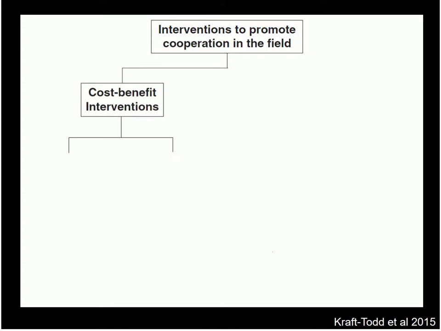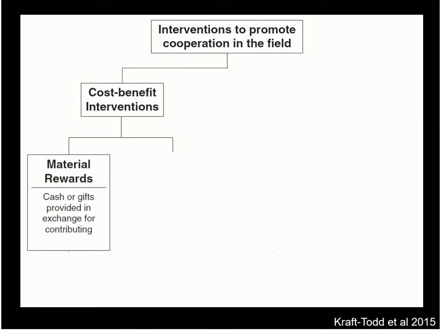The first category, which I'm going to call cost-benefit interventions, are the standard economic incentives that you would employ if you were thinking about people as either only caring about their own money or caring about their money and the welfare of others, so they do some kind of economic calculation and trade-off.